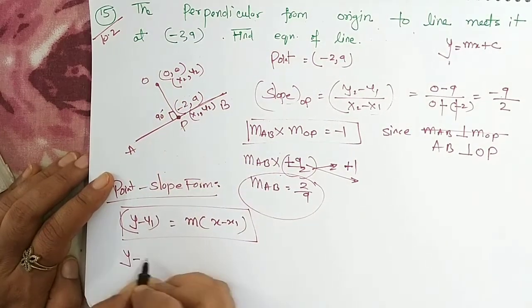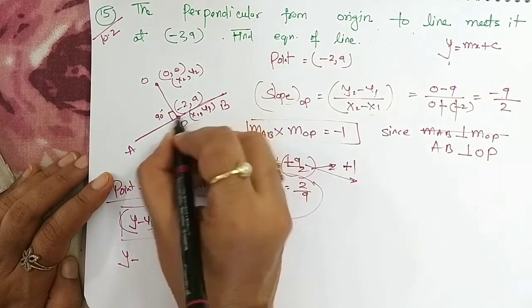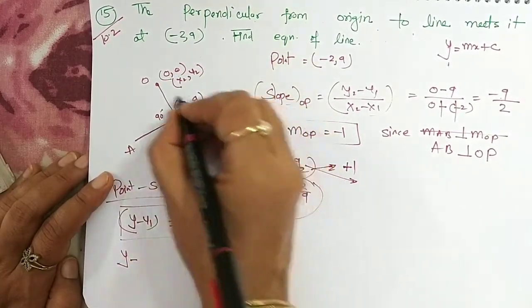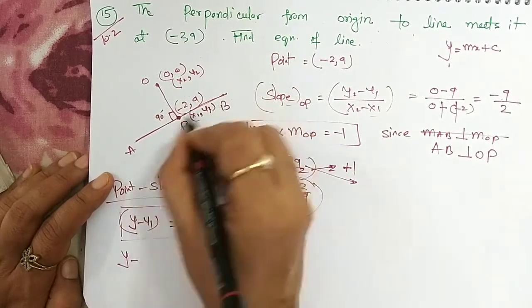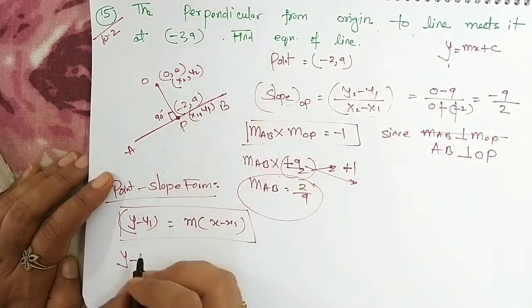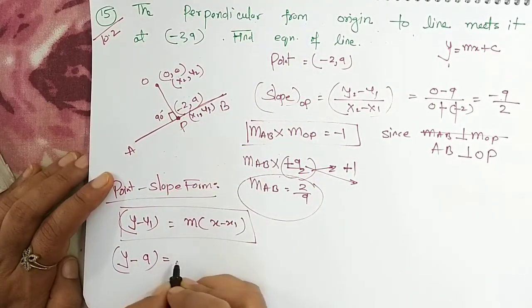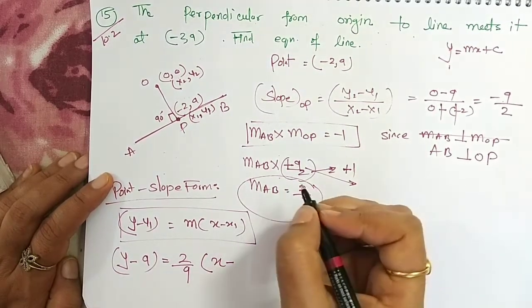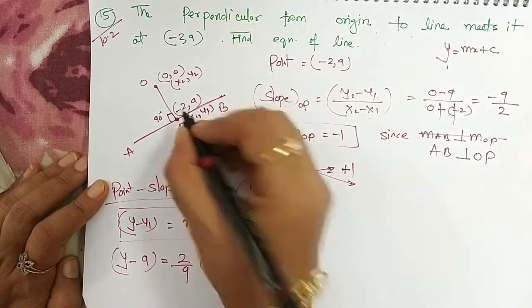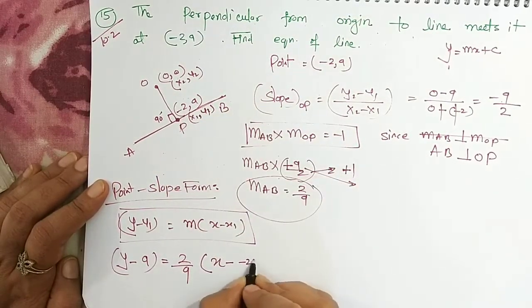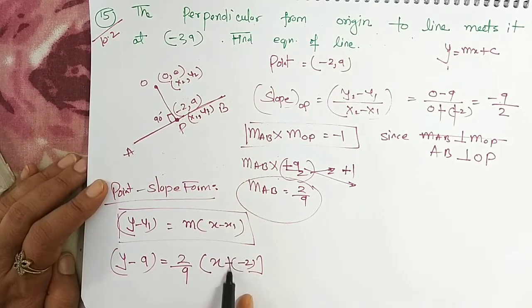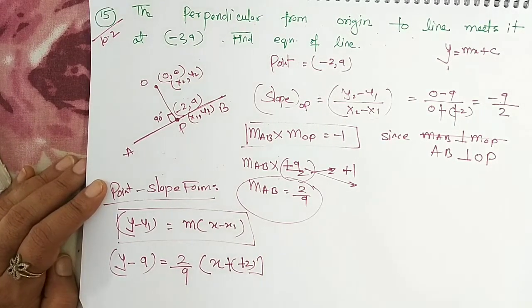So let me fit it. y minus y1, this point which is present on the line. Don't take this. This is not on AB. O is not on AB. P is on AB. So I will take this point. Minus 9. m is 2 by 9. x minus x1. So x1 is this. Minus of minus 2. Now this minus and minus will become plus.